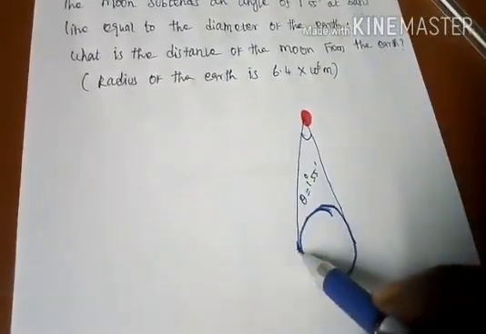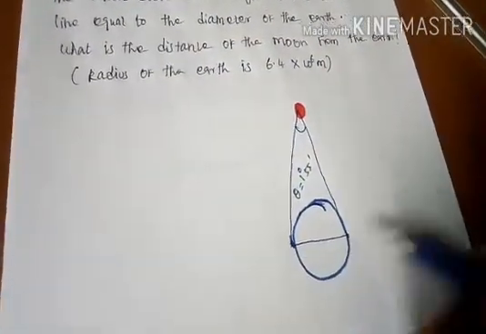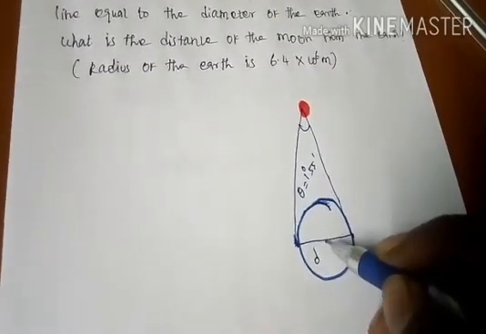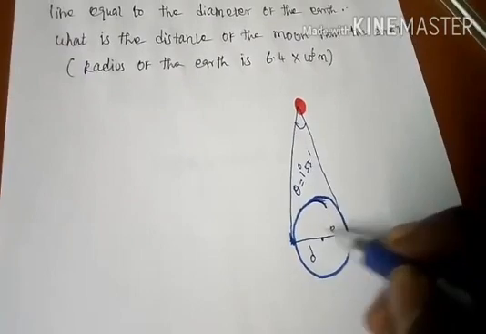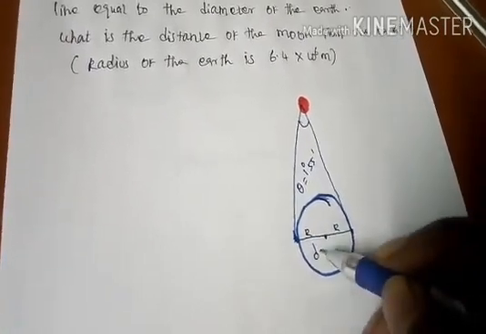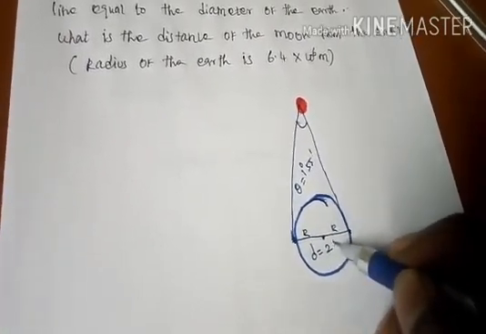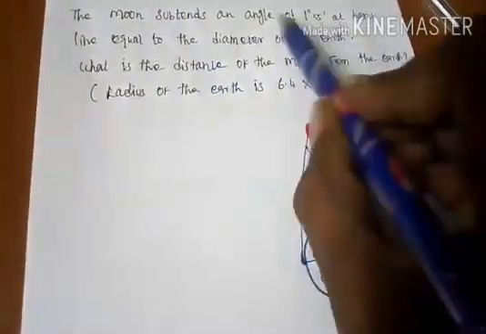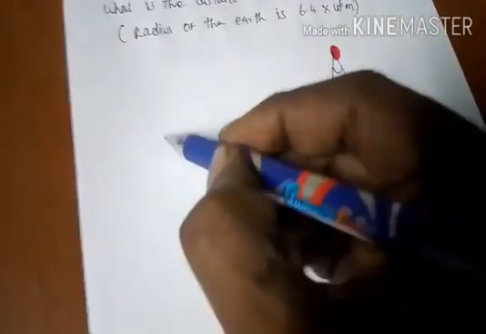So this is the diameter of the earth. Diameter of the earth is d, that is how many radius? 2 radius there, isn't it? So diameter is equal to 2r.